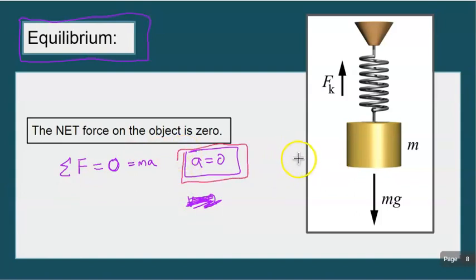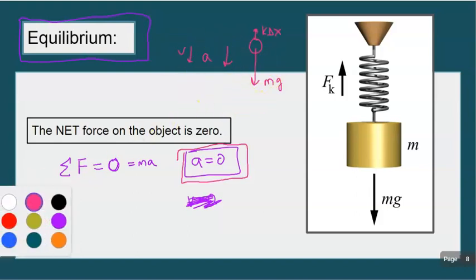So let's do a quick review of the bungee jumper. Remember, the bungee jumper jumped, and as long as mg was bigger than k delta x, they were speeding up because the net force was down and the velocity was down.